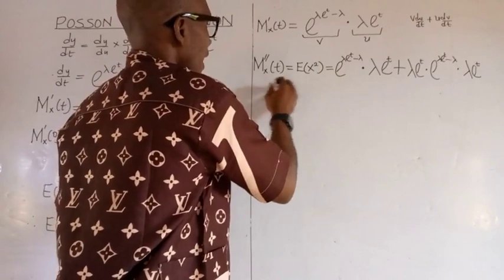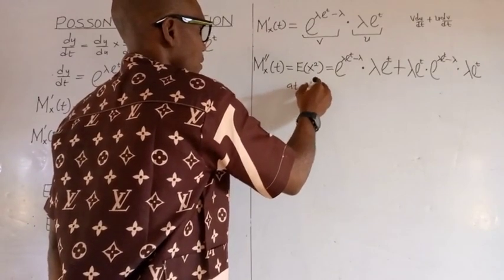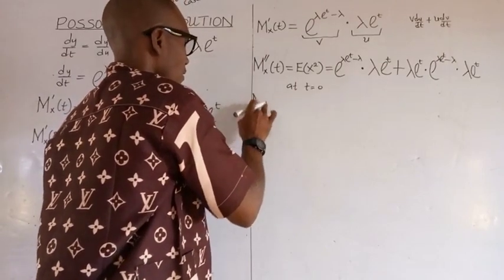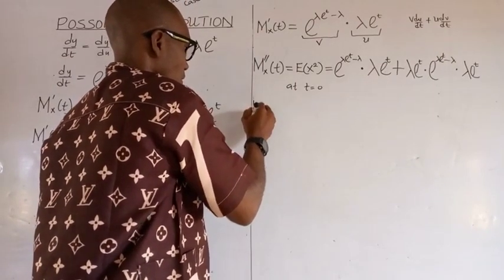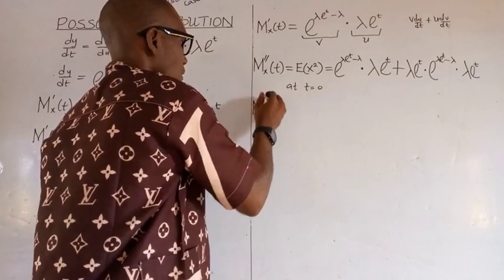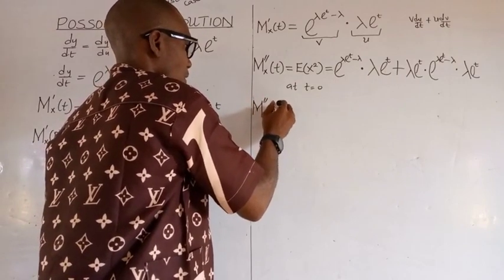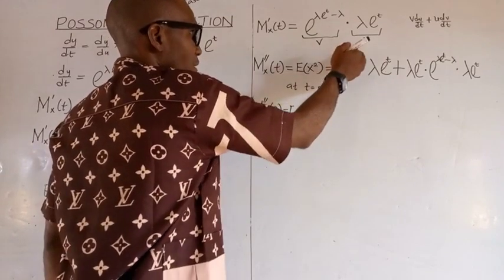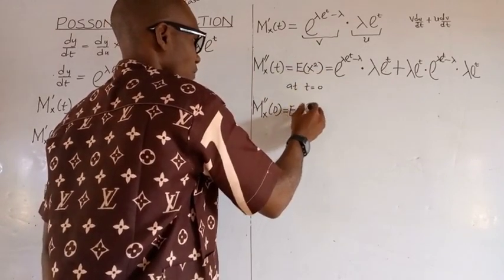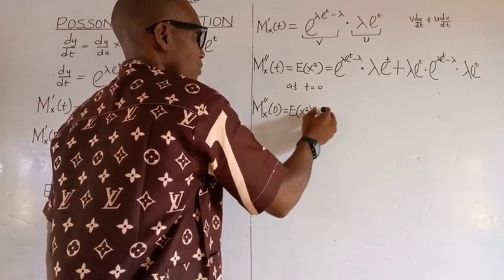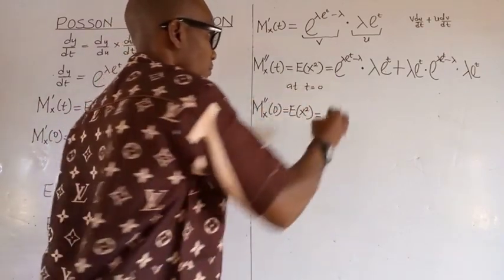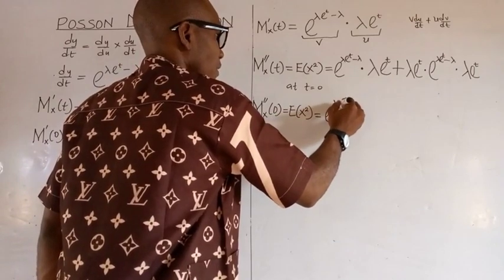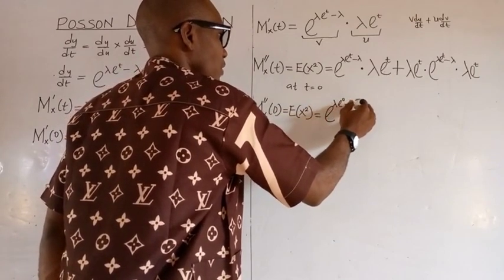So at t equal to 0, anywhere we see t, we put 0. We have the expected value of x squared will be equal to lambda. Anywhere we see t, we put 0.